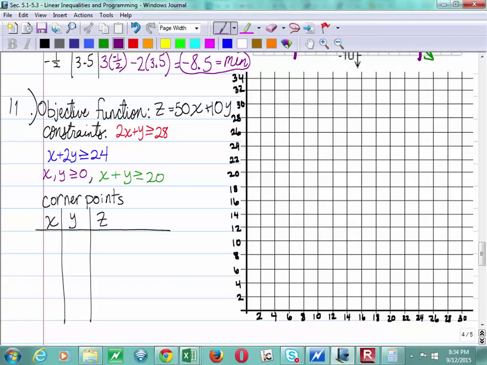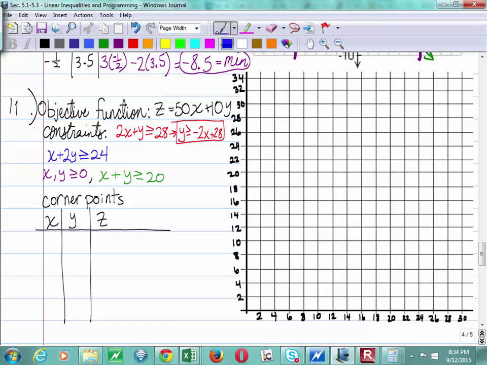And let's see, I'm going to have to do some work with my constraints to get y by itself. So the first one, if I subtract 2x from both sides, I'll get y is greater than or equal to negative 2x plus 28.